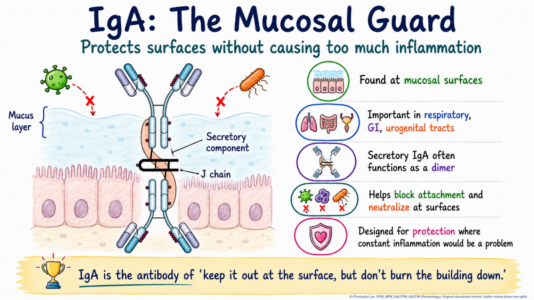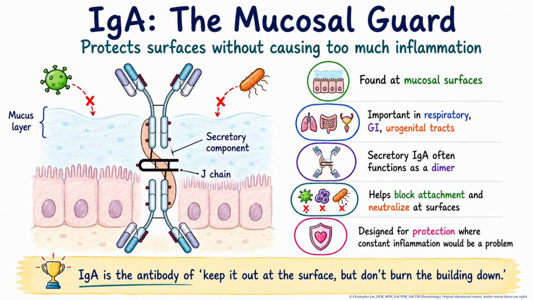IgA is the mucosal guard. The immune system has to defend respiratory, gastrointestinal, and urogenital surfaces while constantly encountering food, commensals, environmental antigens, and normal mucosal tissue. Secretory IgA is built for that balancing act.